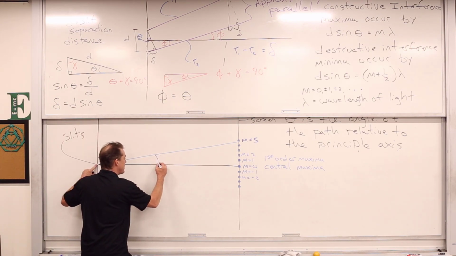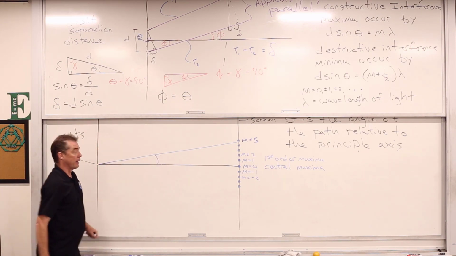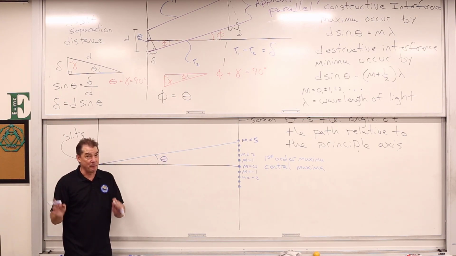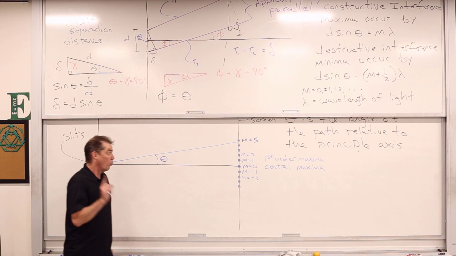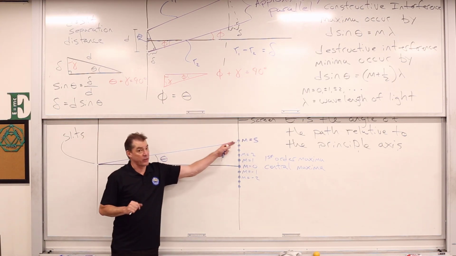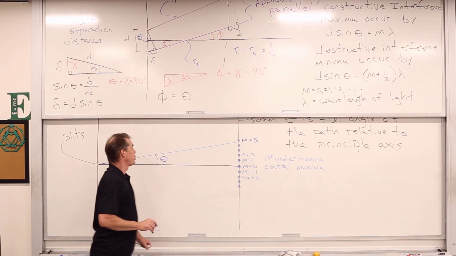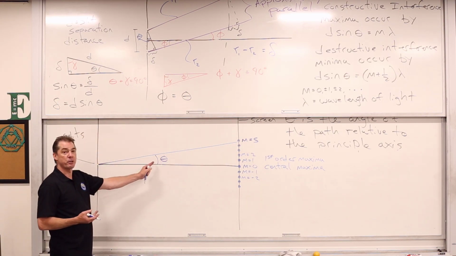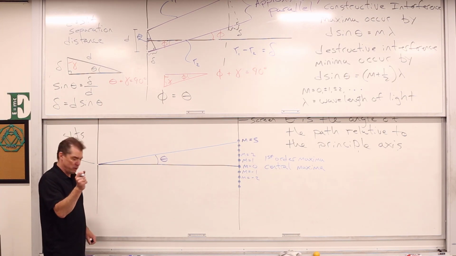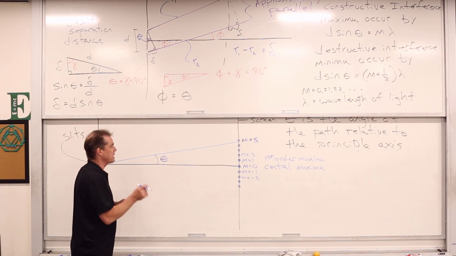We define this angle right here. I'm going to call this theta. But I want to call it a specific theta because it correlates, number 1, with maxima, and number 2, with the 5th order maxima. So I like to double subscript these thetas. One subscript dictates whether we're talking about maxima or minima.